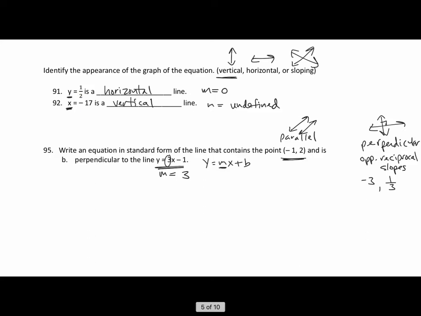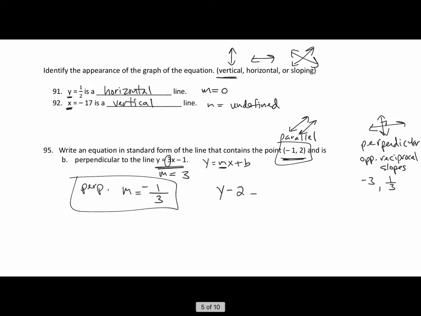So then what is the opposite reciprocal of 3? Well, I have to move that to the denominator, and then I need the opposite. So a -1/3 is going to be the slope of our perpendicular line, and it goes through this point. So let me just use that point slope form.